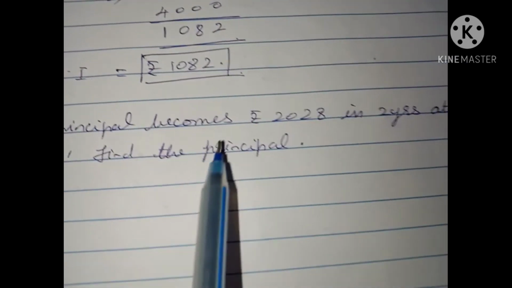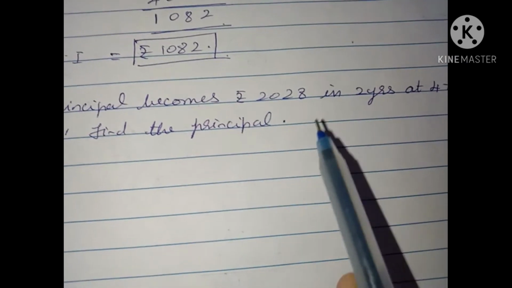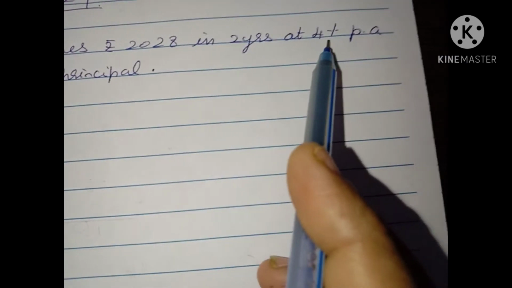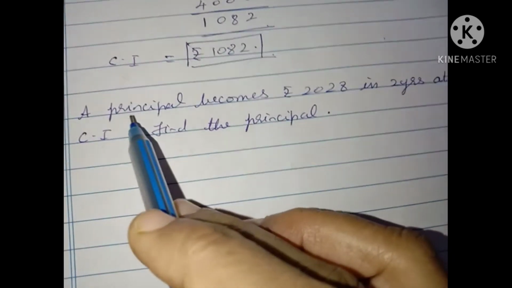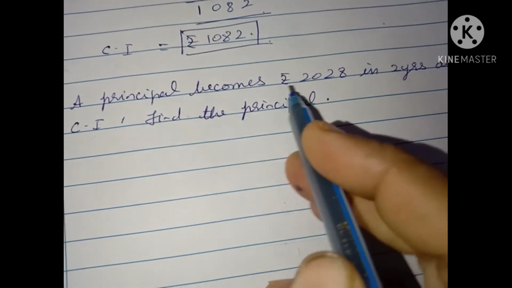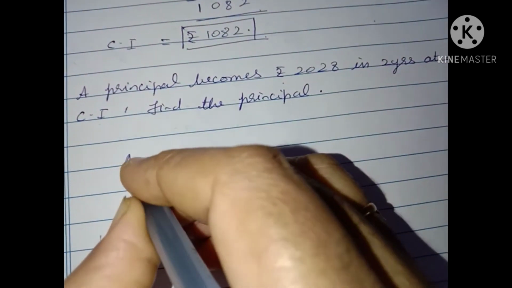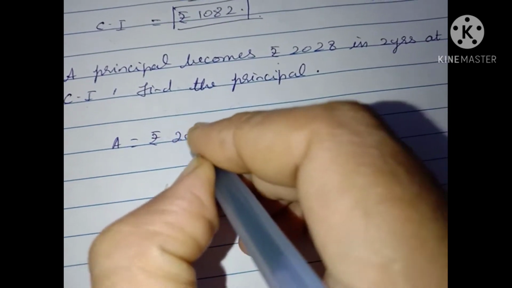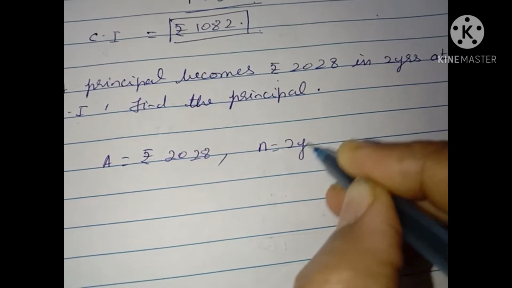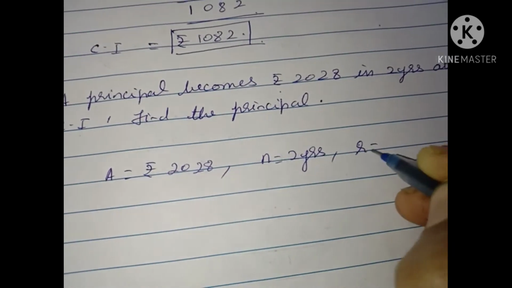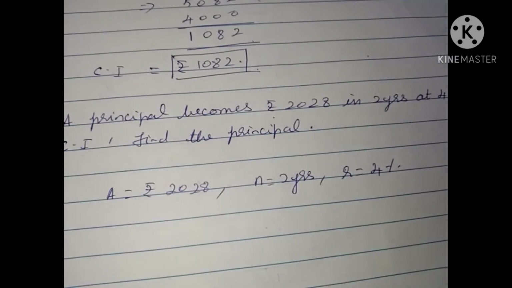Fifth question: a principal becomes rupees 2028 in 2 years at 4% per annum compound interest. Find the principal. So here they have given the amount value. A is equal to rupees 2028 and N is equal to 2 years. R is equal to 4%.